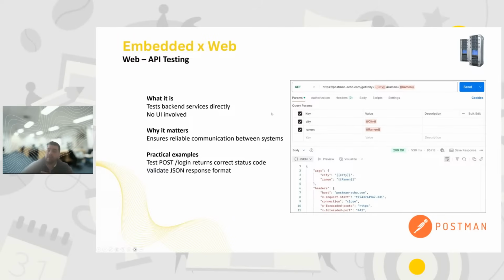But in web, we have API testing. In embedded, let's call it in a simple way, CAN testing. Of course, it's not the correct technical term, but to help understand the bridge: API testing to test the API, CAN testing to test the CAN protocol and communication. So this is the comparison between the two parts.